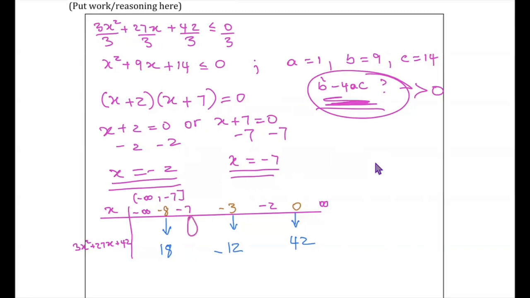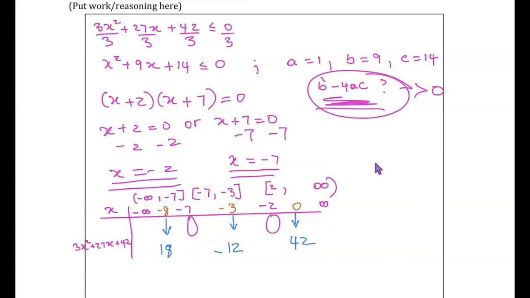And then we also have the interval from -7 to -2, including -7 and -2, and also the interval from -2 to infinity, which are the three intervals that we are evaluating the expression 3x squared plus 27x plus 42.